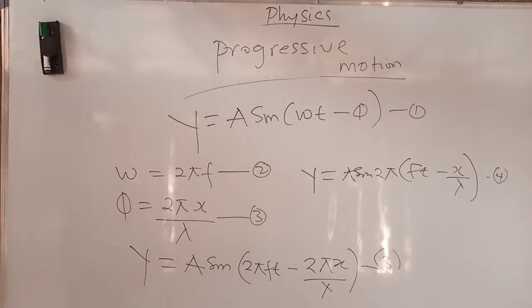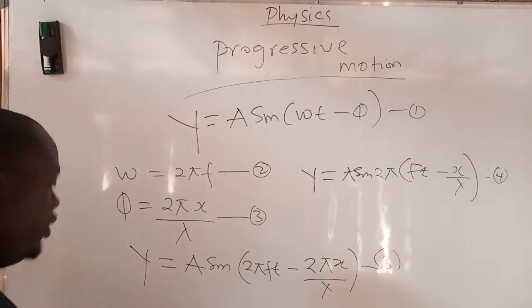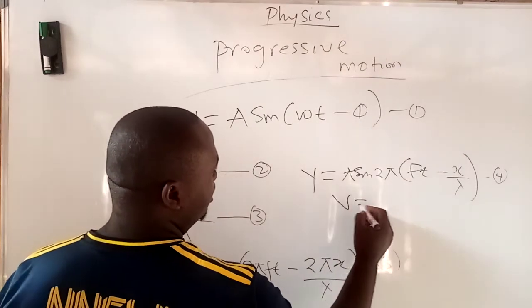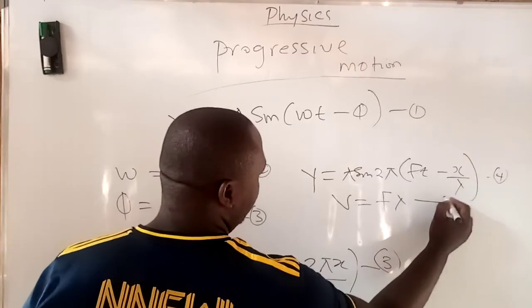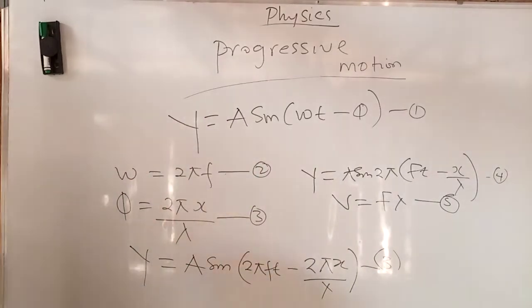So we are left with A sin 2π all over λ. Now, look at what I want to do. We know that velocity v is equal to fλ. This should be my equation 5. Write this down immediately in your notes, because I'll be cleaning as I'm solving, and I will continue.